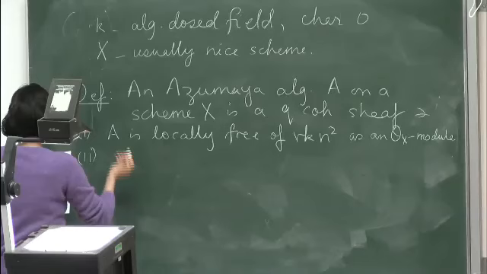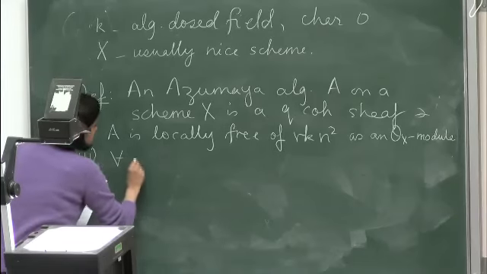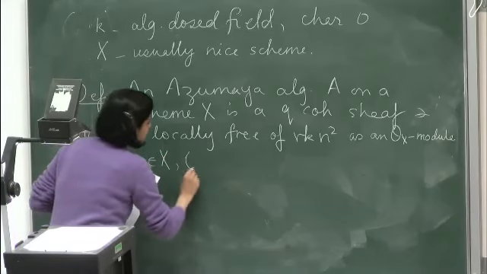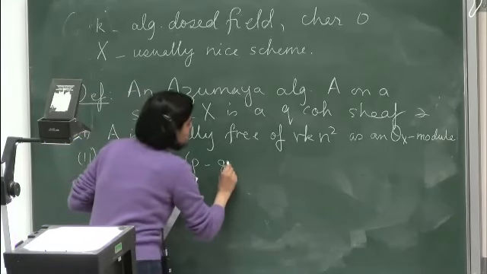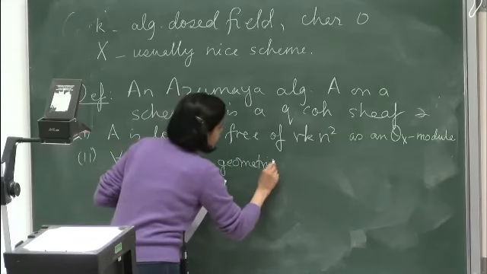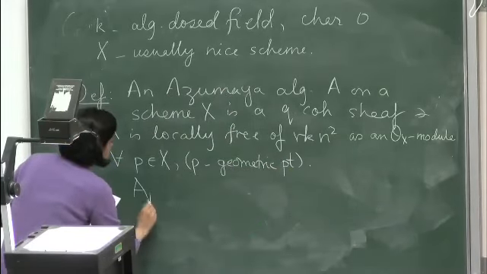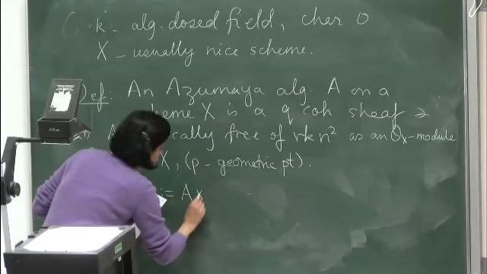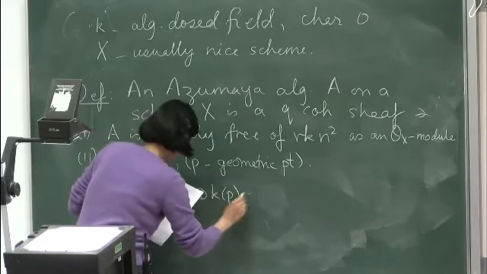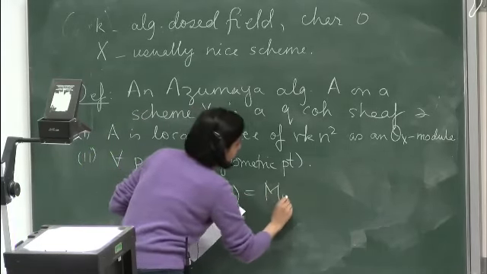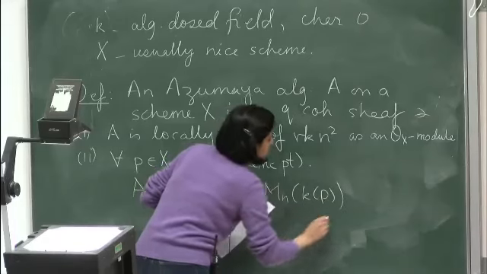And in addition, for all points P in X, where P is a geometric point, the fiber A_P is going to be n by n matrices.